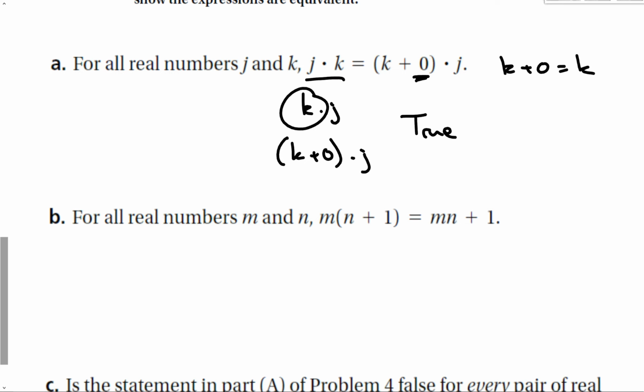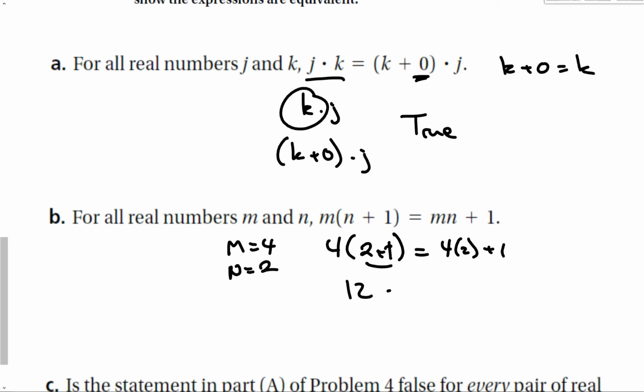So let's try m equal to 4 and n equal to 2, and see what happens. That's 4 times (2 plus 1) equal to (4 times 2) plus 1. Parentheses come first with order of operations, so that's 4 times 3, which is 12, is equal to, now multiplication comes first, 8 plus 1, which is 9. So that is not true. And all we needed to do was find one time where it didn't work.